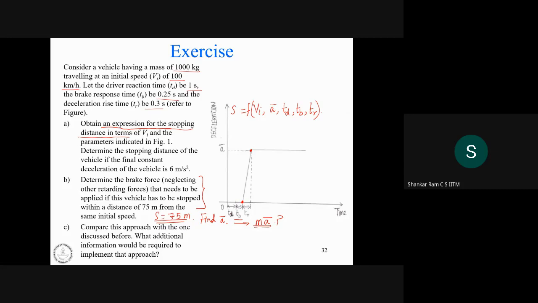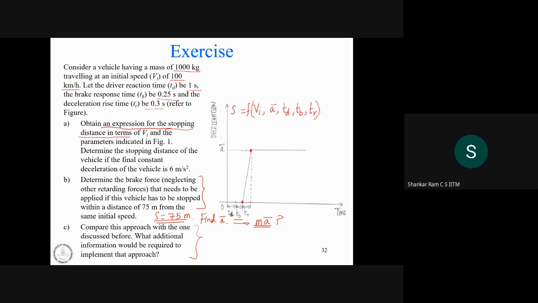So how do we find A bar and then calculate the total braking force? So that is the second problem. Once you derive this expression and go through this process, you would have figured out another way of deriving the expression for stopping distance and applying it, right?